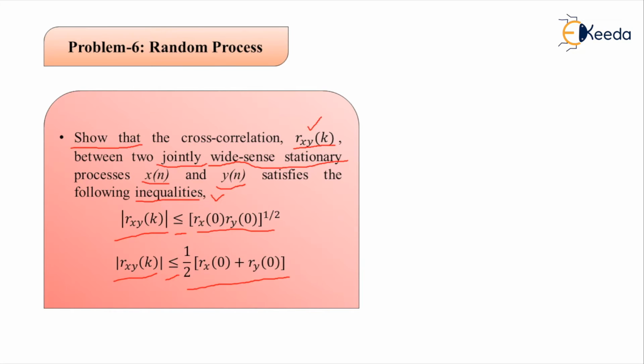One by one, for part A we consider the first equation, and for part B we consider the second equation, and we shall prove the same. Now for part A, we have the two random processes x of n and y of n. Both are wide sense stationary processes jointly associated to one another with the help of cross correlation R suffix xy of k.